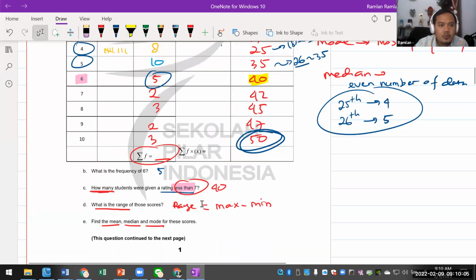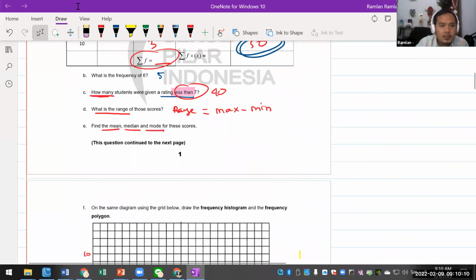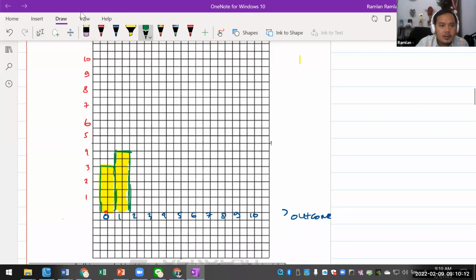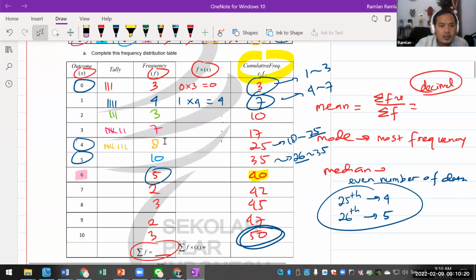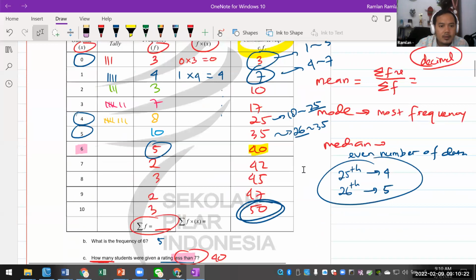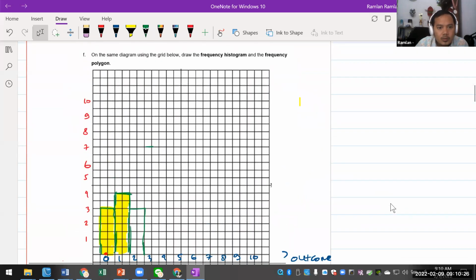Oke, 2 we have 3 of that. 2 kita ada 3, berarti kita bisa lagi di sini, right? And then the next one is 3 ada 7, 4 ada 8. Okay. 3 ada 7. Ini berarti 8. Oke. Nah, gitu ya guys.